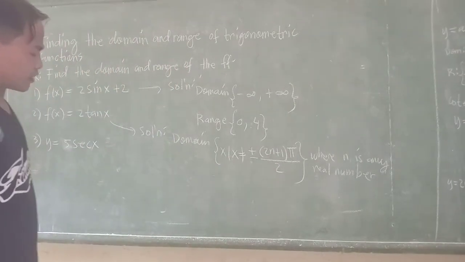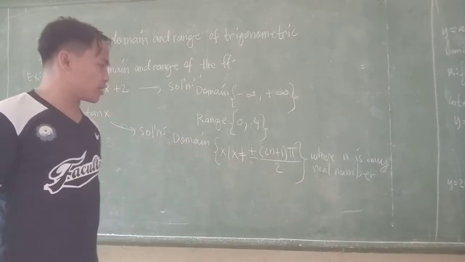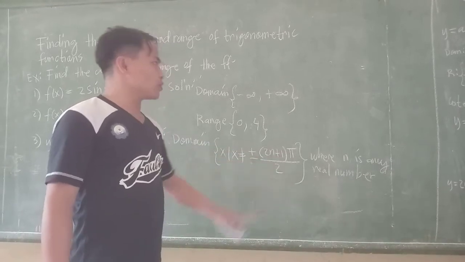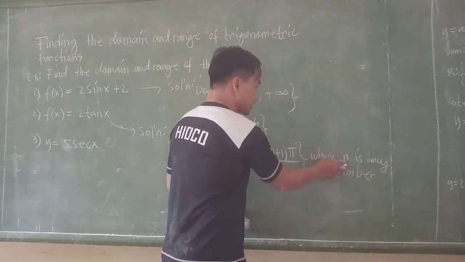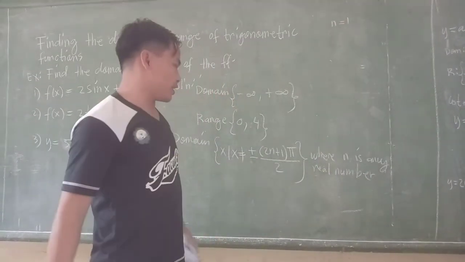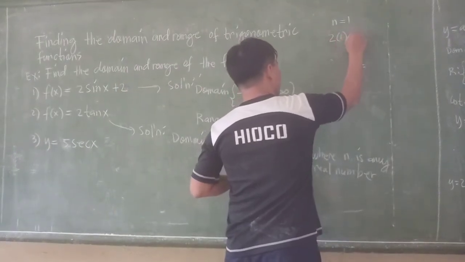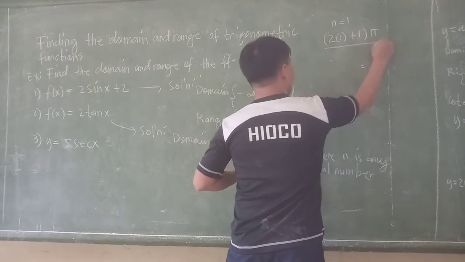How does it become like this? For tan, the value of x cannot be 2n plus 1 times pi over 2. Let us figure it out. Because n is any real number, let's say n is equal to 1. With n equal to 1, we have 2 times 1 plus 1 times pi over 2.